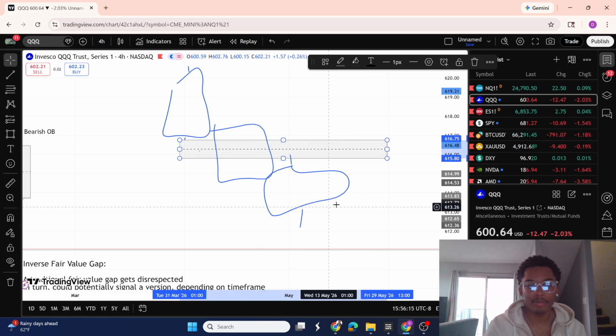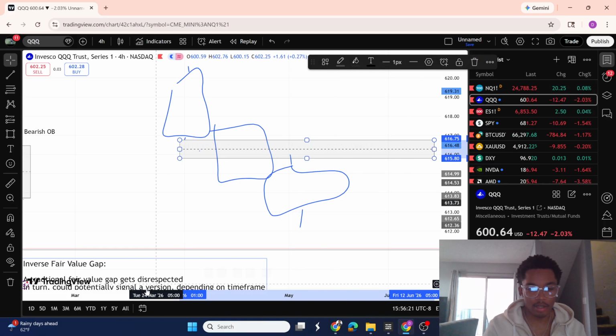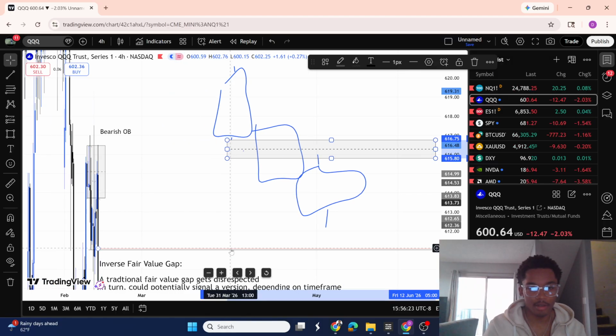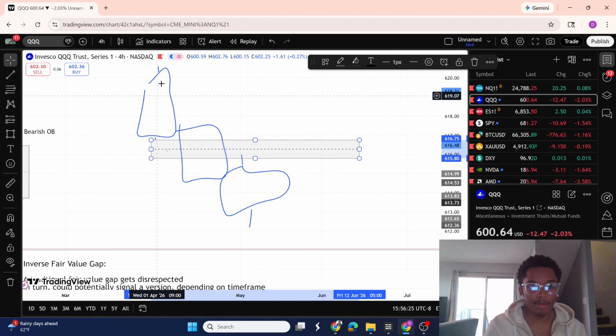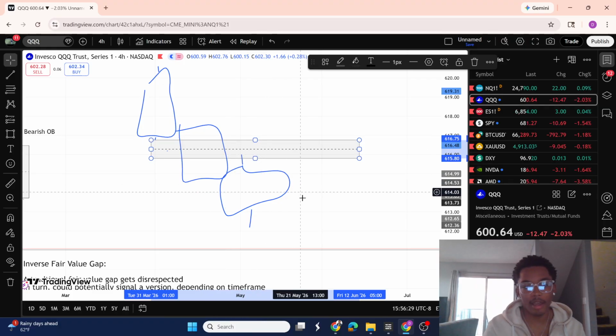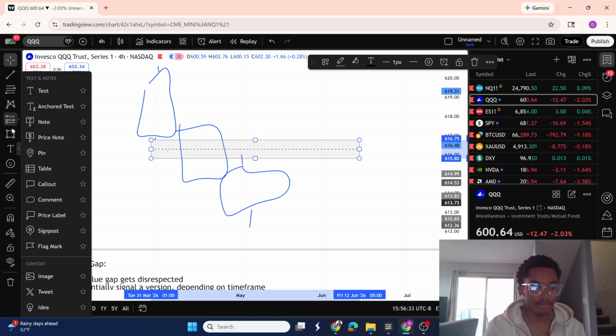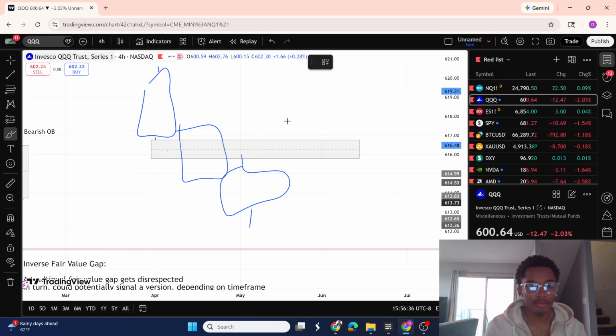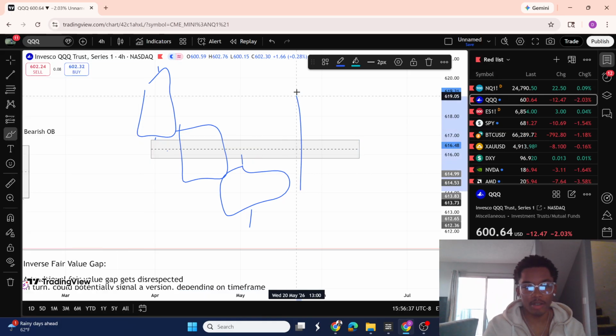Now, if the next candle, since this is a bearish example, hold on, I gotta expand this real quick. Okay, say we're coming down, boom, boom, lower highs, lower lows, something like that. And then we do something like this, and the next candle just fully punches through this gap.